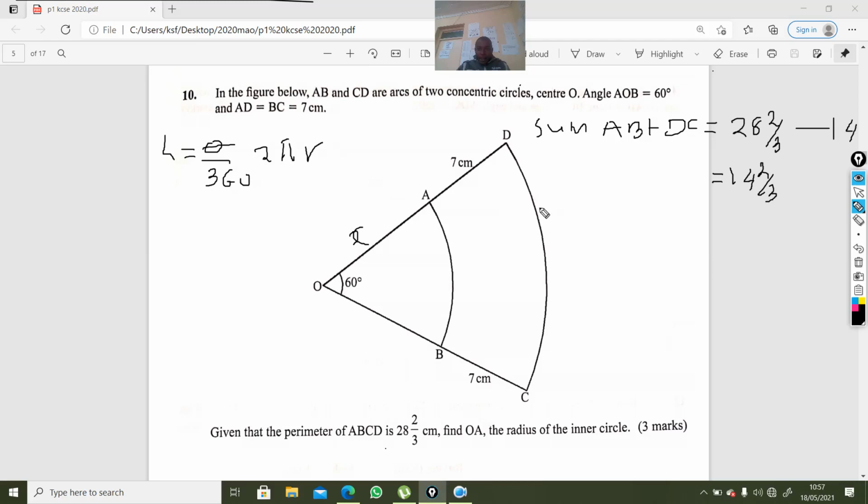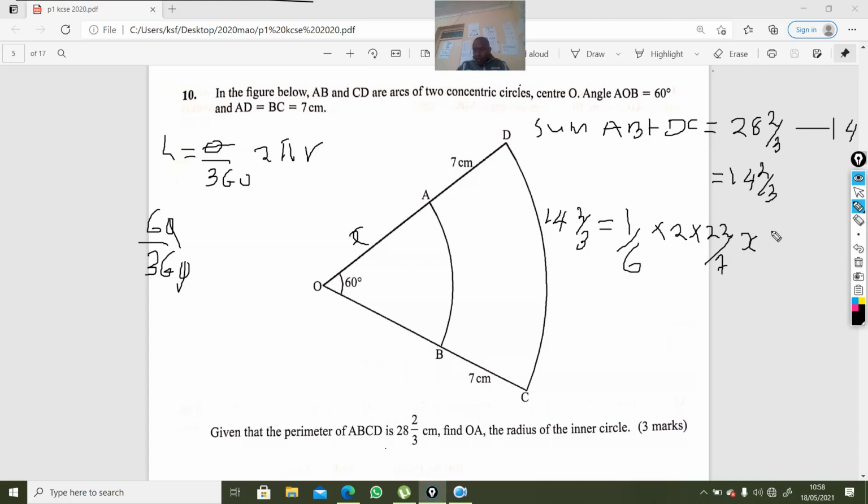So for the sum of the two, that is 14 and 2/3, it will be equal to: theta is 60, and 60 over 360 is 1 over 6, for the inner one, times 2 times pi, which is 22 over 7, times x.